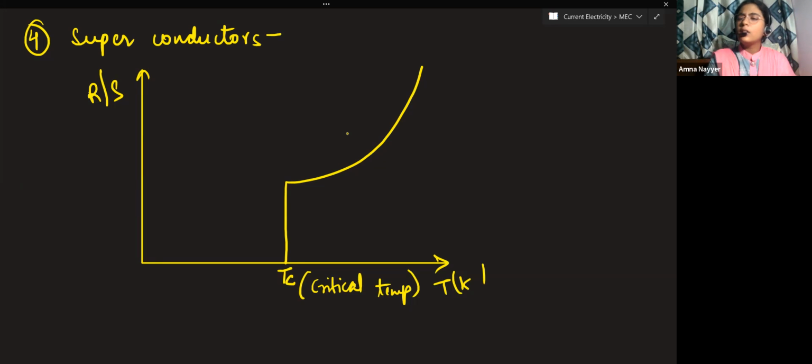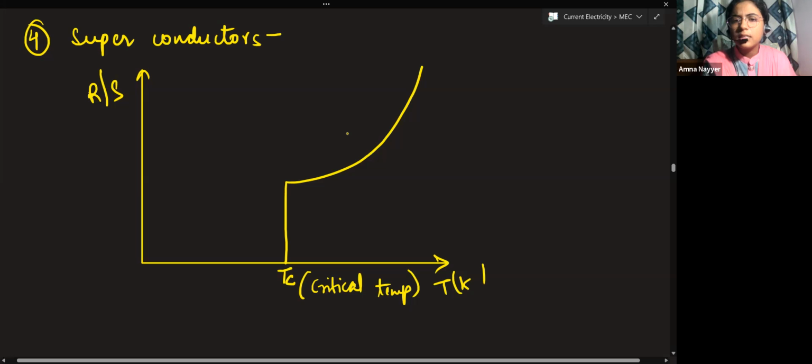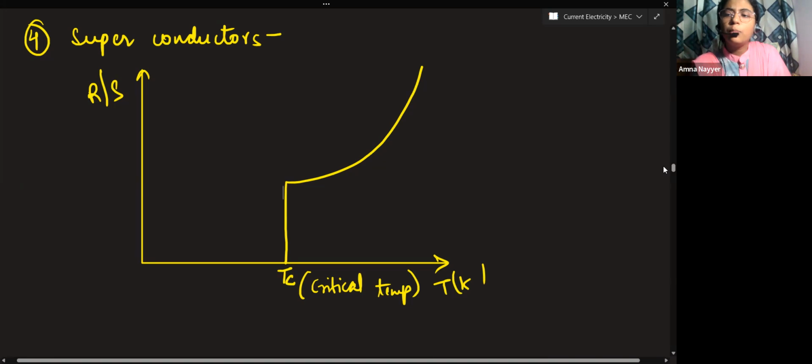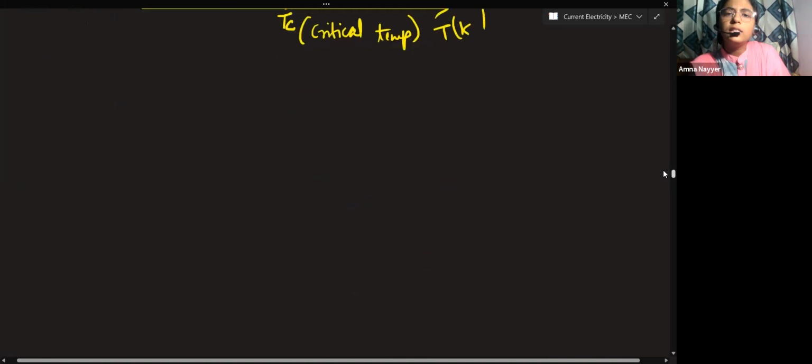Now, this is all the theory part, how resistance increases, how resistance decreases. But how will you calculate resistance and resistivity, the particular formula for it? If I give you certain temperatures, how will you calculate the value of it? By looking at these structures, you will be able to analyze whether resistance will increase or decrease.